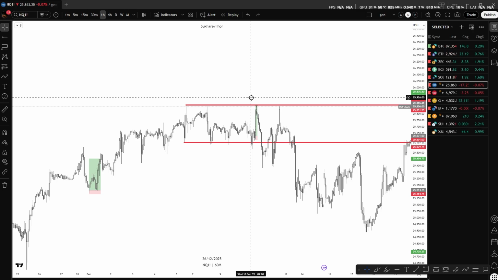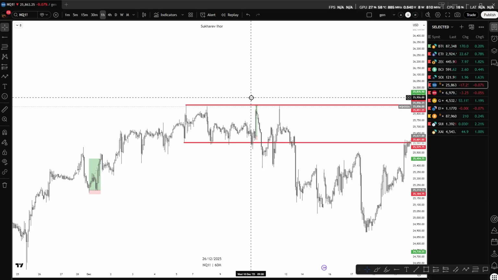So stops go below lows and above highs, breakout buys stack above resistance, limits collect around support and resistance, and over time these behaviors form clear liquidity zones. And this leads to a simple but critical idea: price moves towards liquidity. That's one of the most general rules in trading, that price hunts liquidity.